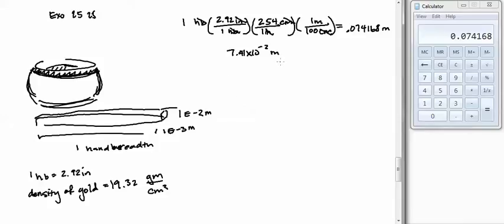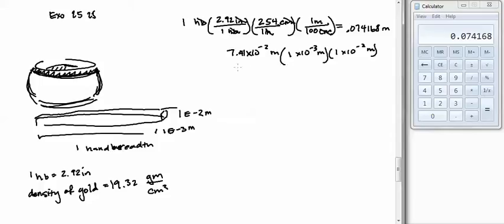So 7.41 times 10 to the negative 2 meters. I want to multiply that by my depth and my height, and so that would be times 1 times 10 to the negative 3 meters, and times 1 times 10 to the negative 2 meters.